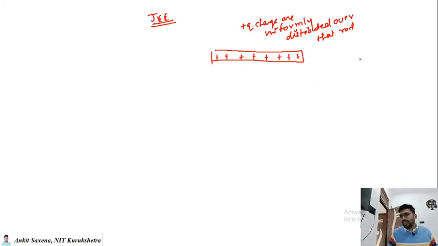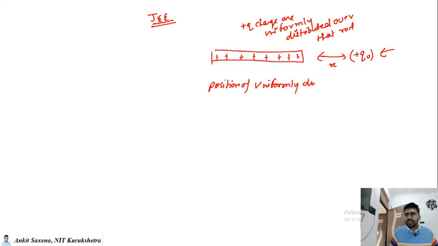Again, if I take one positive q naught charge at a distance of x from this rod, and after taking this charge, the position of the uniformly distributed positive charge does not change.